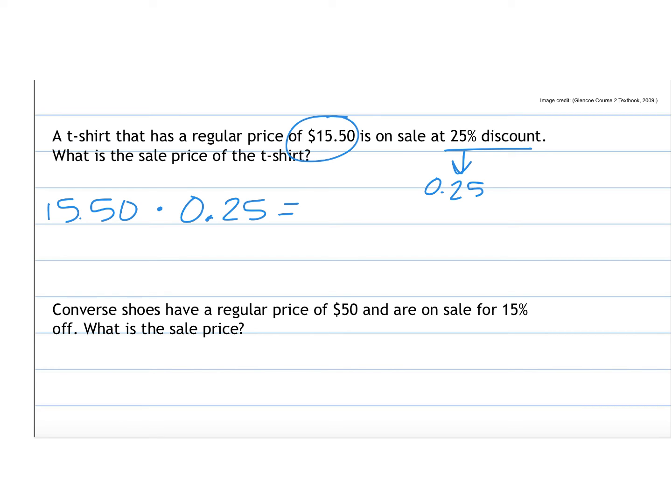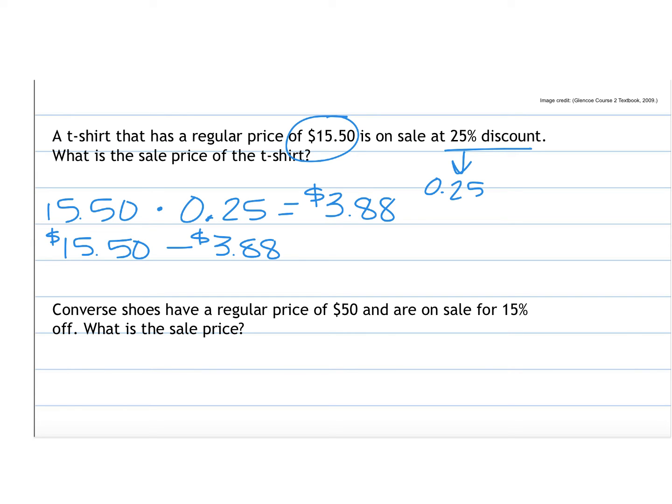So we're going to do 15.50 times 0.25 and we get $3.88 because I'm rounding it to the nearest hundredth. And then remember we have to take our original price, subtract the discount.